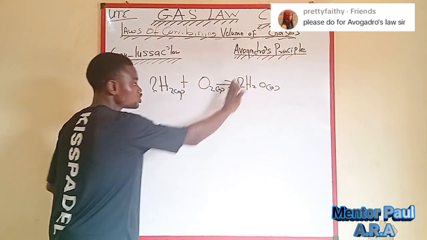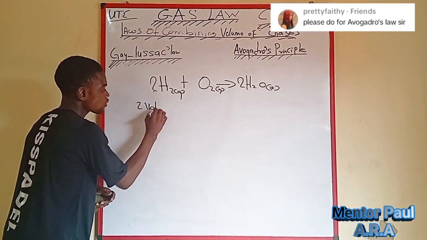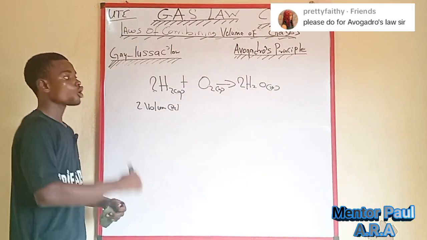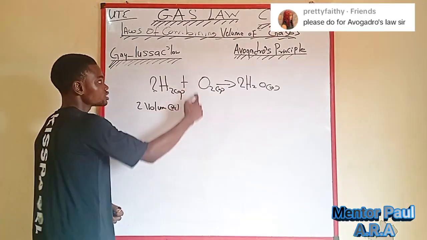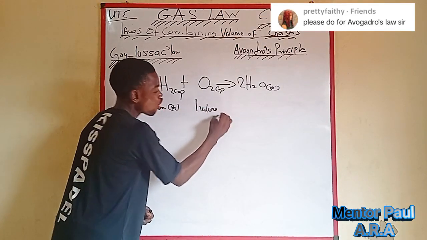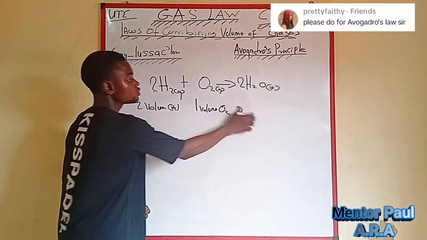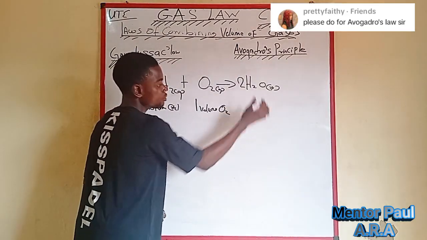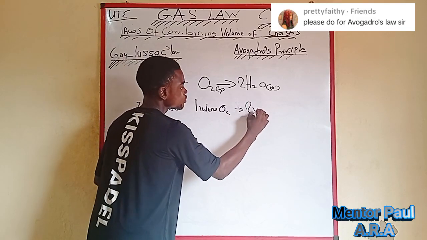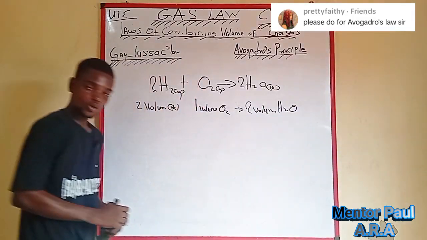So this man says that before you can get water, you must use 2 volumes of H2 combined with 1 volume, that is the whole number ratio, of oxygen, to give 2 volumes of H2O.